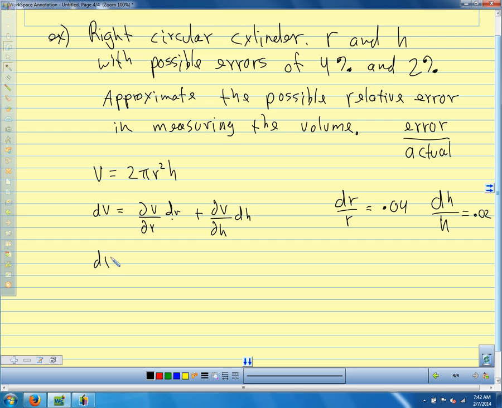So our total differential is going to be dV dr, so we get 2 pi r h dr plus dV dh, pi r squared dh. And our relative error is dV over V.